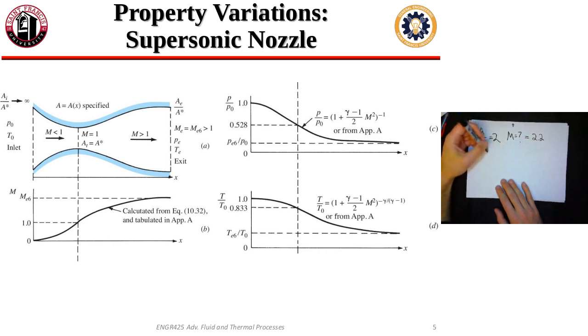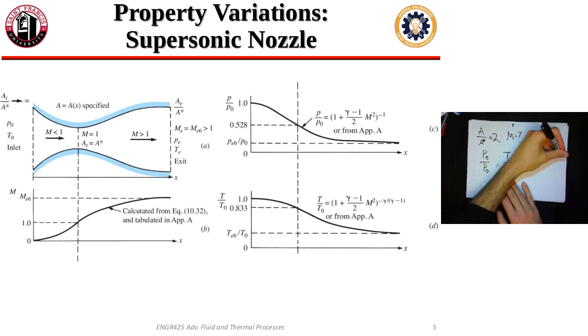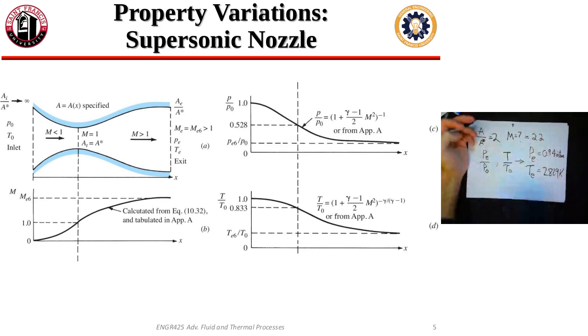Then I can just read the ratios of stagnation pressure to pressure and temperature to stagnation temperature off the table and get that static pressure at the exit is 0.94 atmospheres. So there's our pressure gradient. The temperature at the exit is 282.9 Kelvin. Cool. Relatively straightforward.